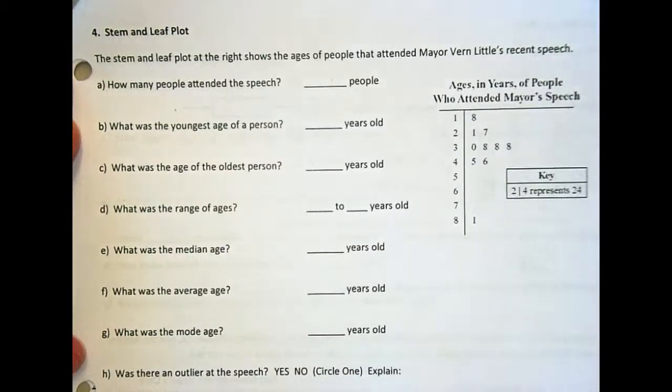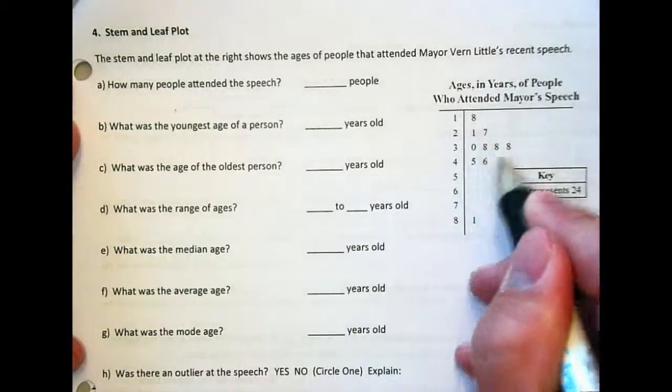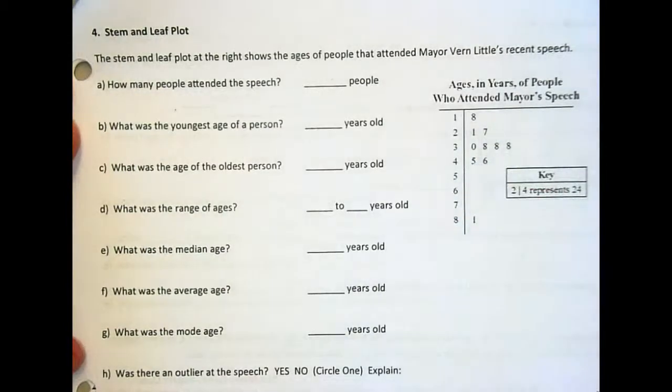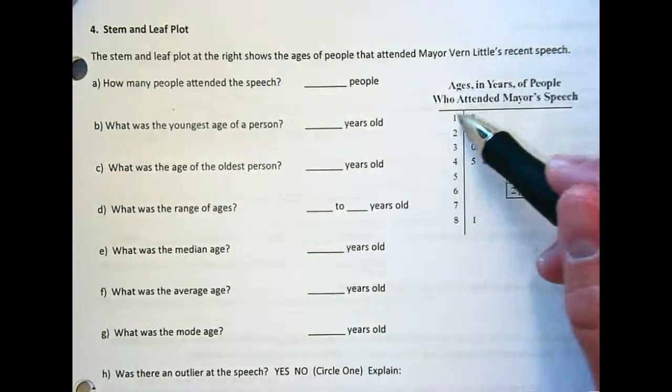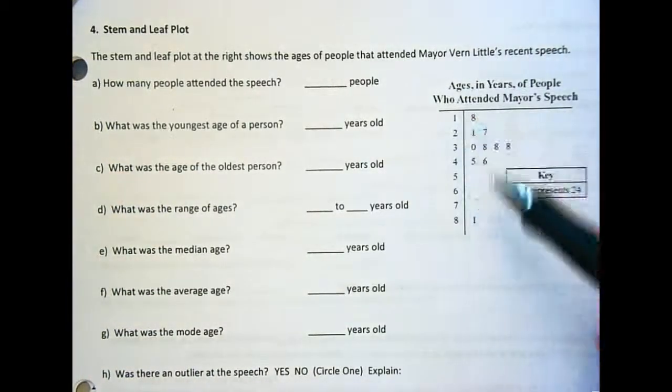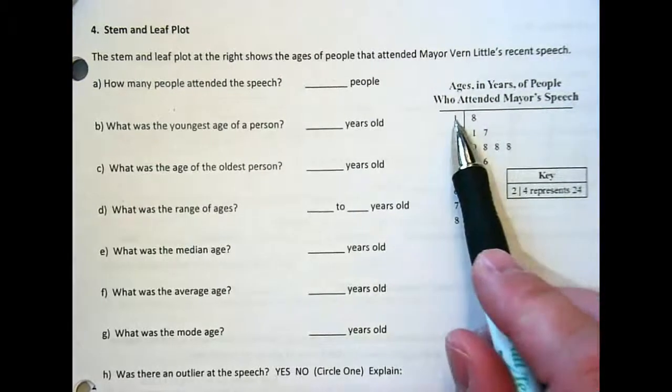How many pieces, Amanda? There are 10. Good. 1, 2, 3, 4, 5, 6, 7, 8, 9, 10. The stems don't count as a piece of data. They're just saying what part of 10 we're on.